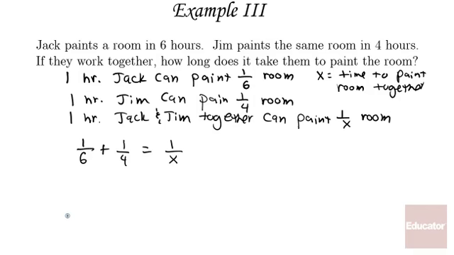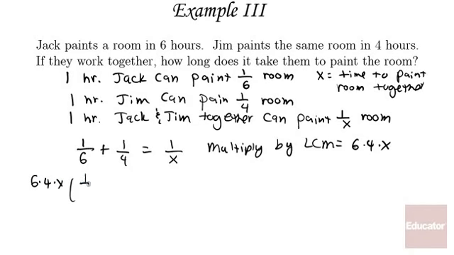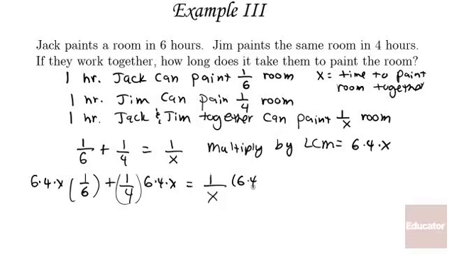Now I need to solve for x. In order to do that, I'm going to multiply both sides of the equation by the LCM, which is 6 times 4 times x. So 6 times 4 times x times 1/6 plus 1/4 times 6 times 4 times x equals 1/x times 6 times 4 times x.